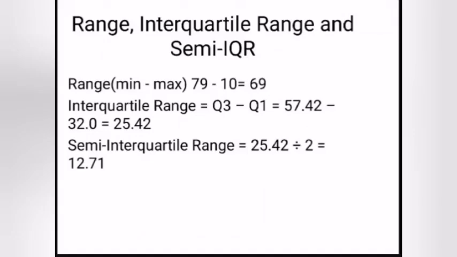The semi-interquartile range is Q3 minus Q1 over 2. We already found that Q3 minus Q1 is 25.42, so you do 25.42 divided by 2, and that gave us 12.71. So that is how to find your interquartile range, semi-interquartile range, and range.